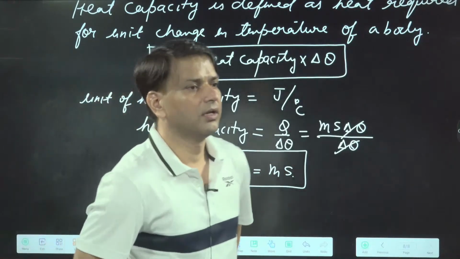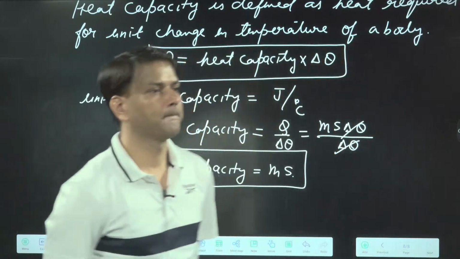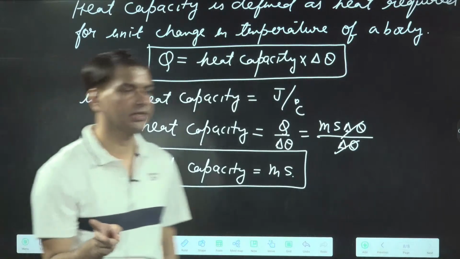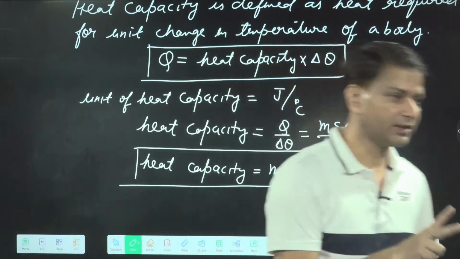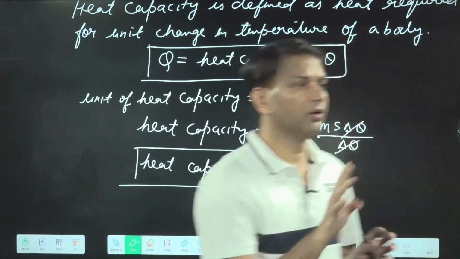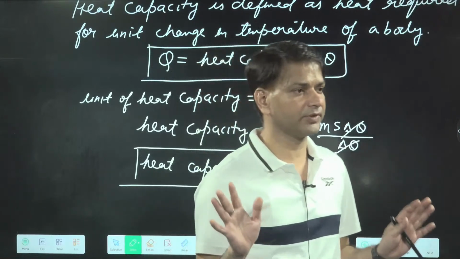Yes or no? So don't get confused between heat capacity and specific heat capacity. Sometimes in a problem we have to decide by the unit. If they give joule per gram per degree C, they are talking about specific heat capacity.